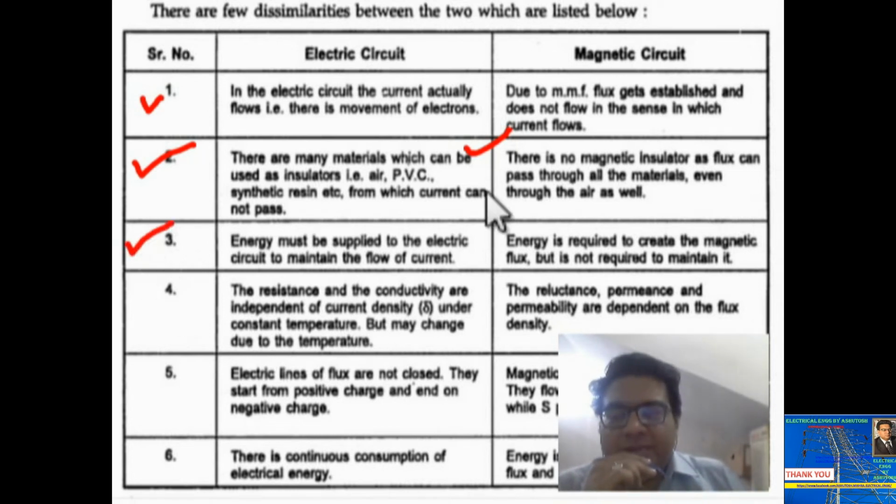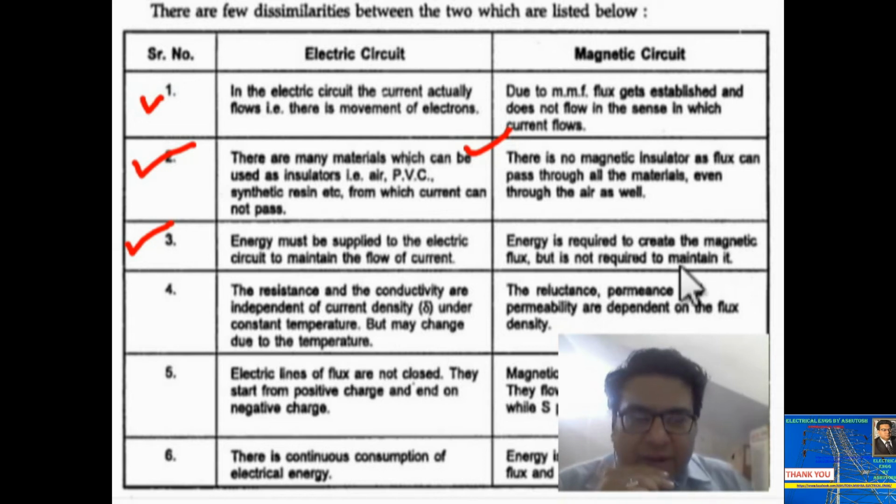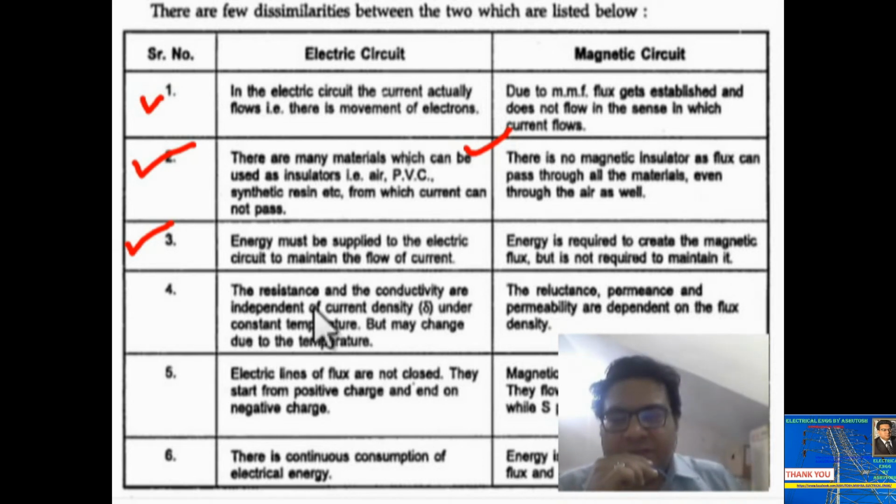The third point is energy must be supplied to the electric circuit to maintain the flow of current, and here in magnetic circuit energy is required to create the magnetic flux, but it is not required to maintain it. You see, energy is required to create the magnetic flux. This is an important point.